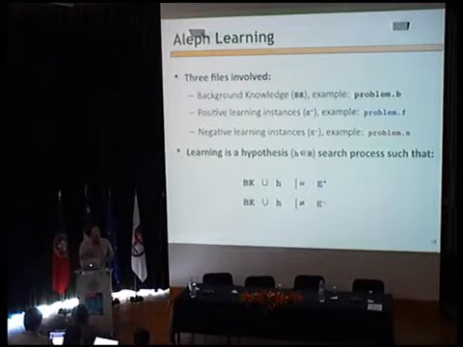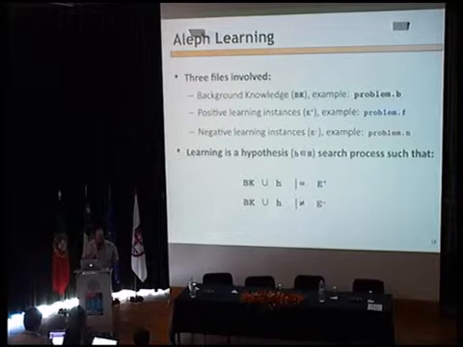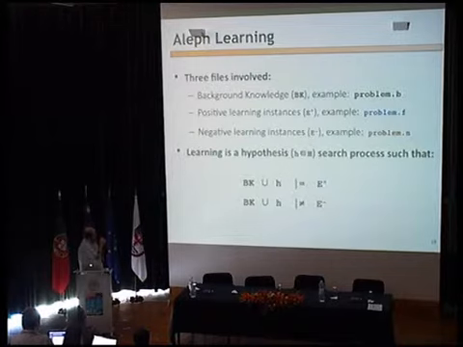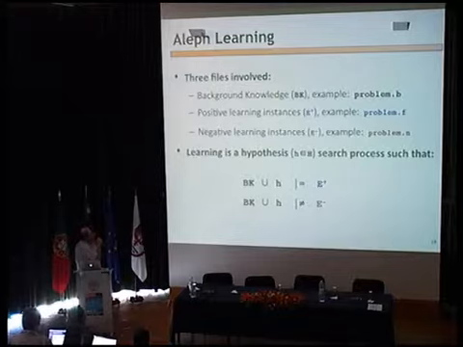In ALEPH, every learning process normally involves 3 files: a file with all the background knowledge, a file saying what the positive learning instances are, and one with the negative ones.